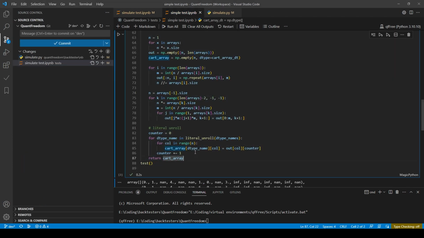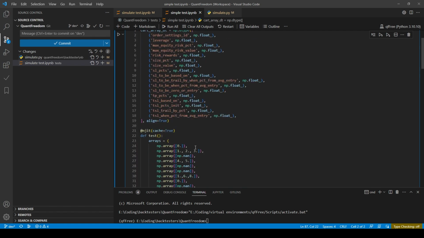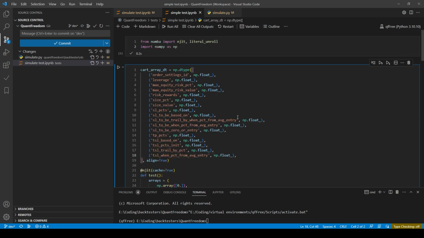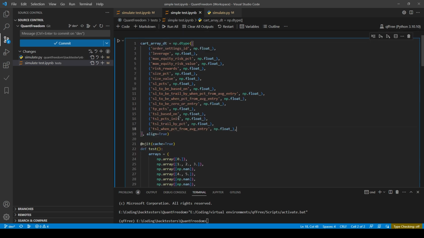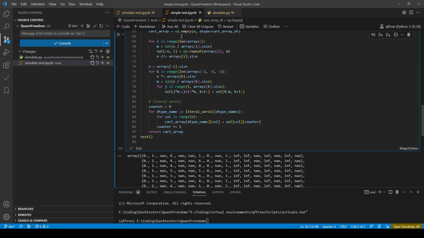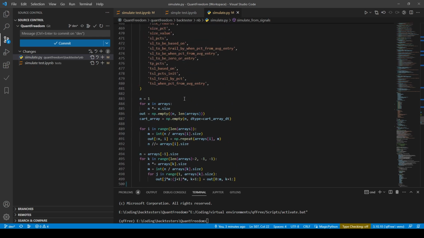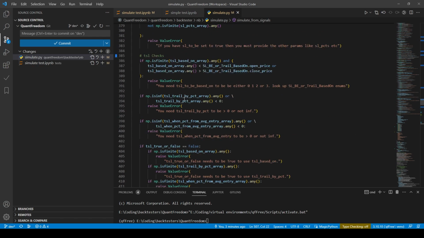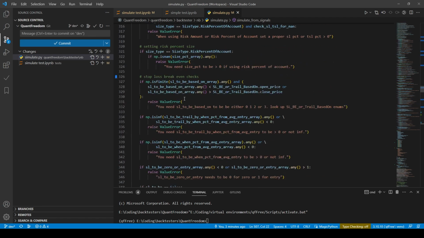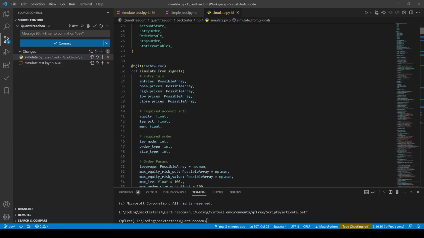I have no clue. So I guess I just need to move on and work on the selling side of things because this makes absolutely no sense. How do I have the same exact code? The same exact code.